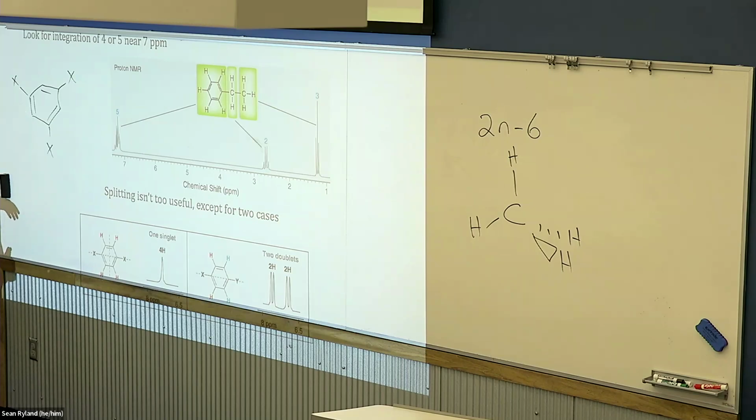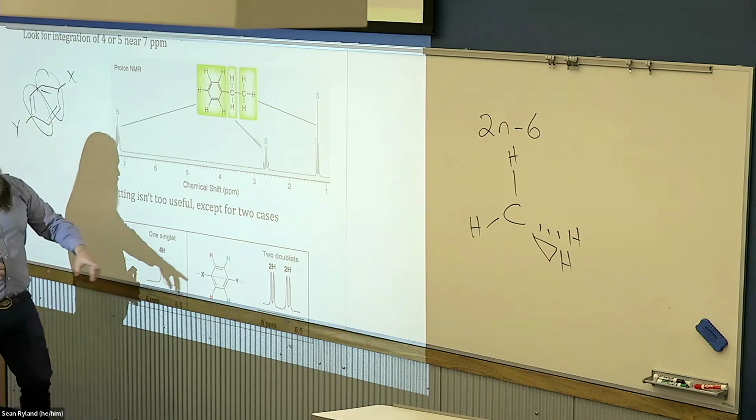If they're not identical and they're para, then really you don't have one mess here, you have these 2 protons and these 2 protons. And each of those groups is going to have one nearest neighbor. So if you're di-substituted benzene and your substituents are para and unique from each other, you should see 2 doublets, each with an integration of 2.